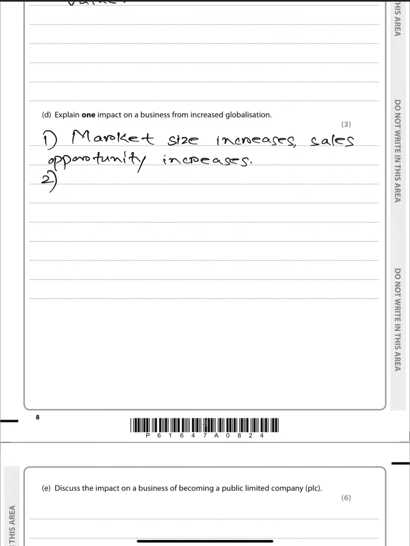All right, if that happens, the business now has the ability to sell in global markets and have a global brand awareness because of globalization. So if I have a global brand awareness, that means that there are more people who are buying my products.